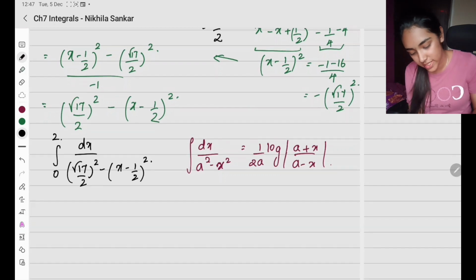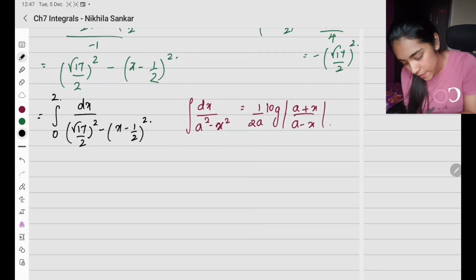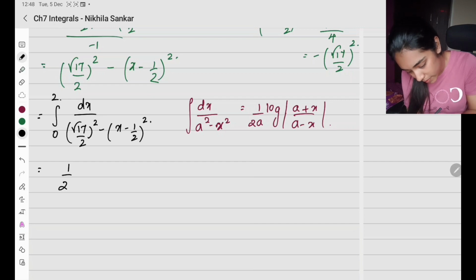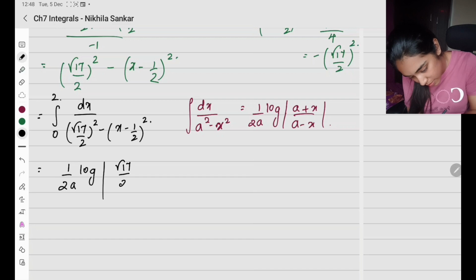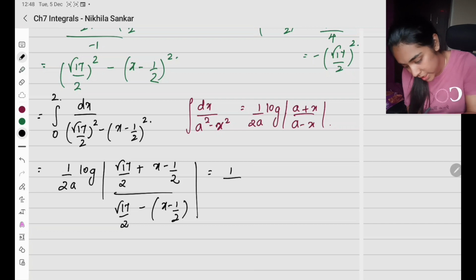Do you remember this? We already did it in the previous exercise. Here we are not making any substitution, we have only completed the square. So when I do this, I have 1 by 2a log mod. What is my a? Root 17 by 2 plus x, which is x minus half, divided by root 17 by 2 minus x minus half. So 1 by 2a.